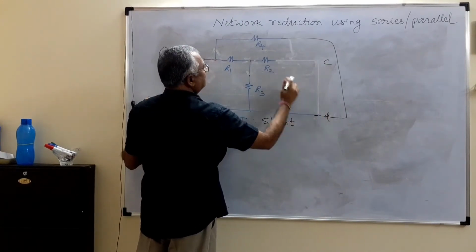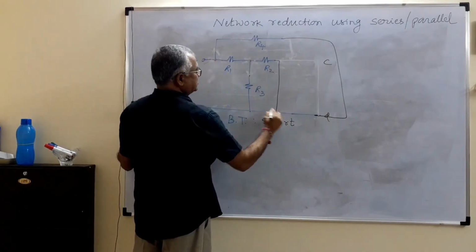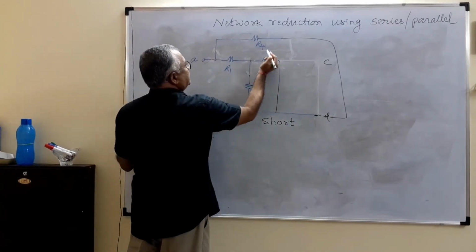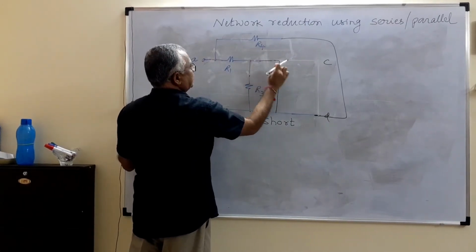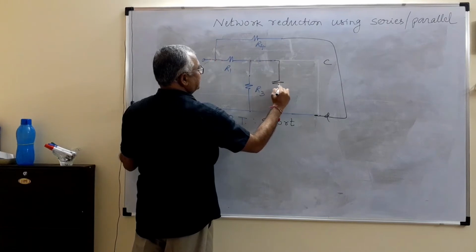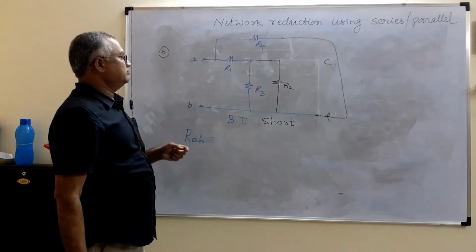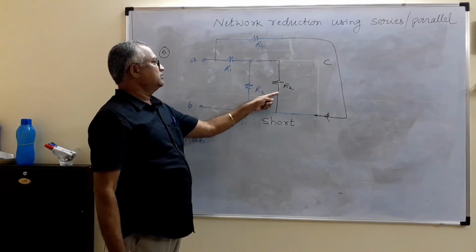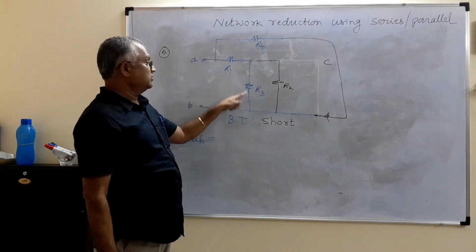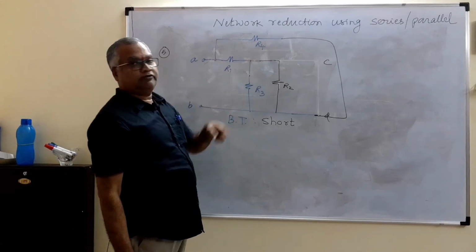So I am connecting this like this. If this R2 is here, you can also keep it here. So now you can answer. These two are parallel, series with R1. This total equivalent is parallel with R4.